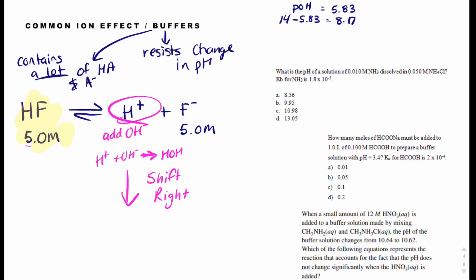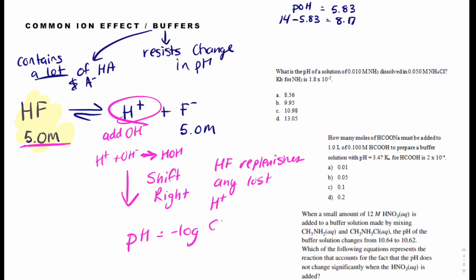Because I have so much HF at 5 molar, HF replenishes any lost H plus, and my pH is equal to negative log of H plus. Because I'm just replenishing any H plus that I lost, the H plus in my pH calculation doesn't really change, and so that's how the pH doesn't change.